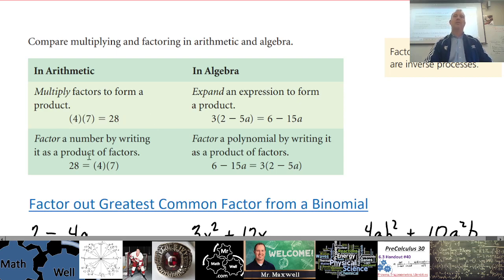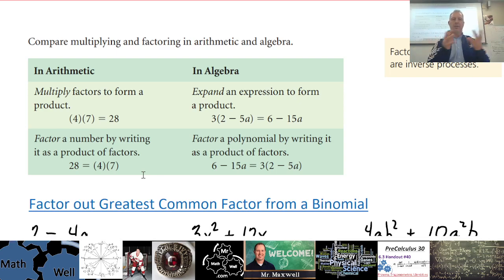If you want to factor a number down, you can factor it into its prime factors, but you can also factor it into just two regular old factors a lot of times. So 28 could be factored one way by separating 4 times 7. So factoring is sort of breaking it apart into two or more things that are multiplied together, and multiplying is kind of combining them together.